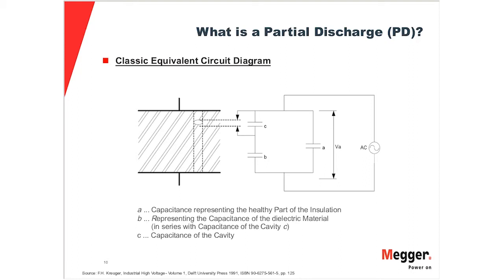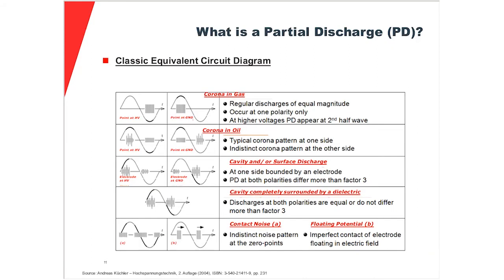You see here the capacitor C represents the capacitance from this imperfection in the insulation, and in series with capacitor B it represents then the total insulation from a capacitance point of view.